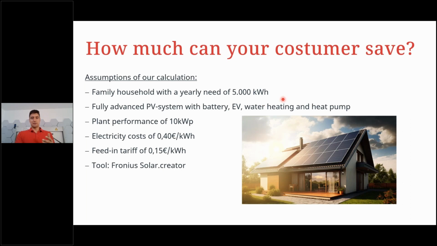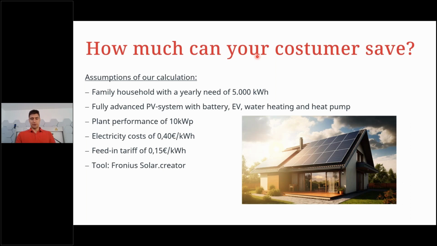It runs water heating with an Ohm Pilot and also a heat pump for heating the house. We calculate with a plant performance of around 10 kilowatt peak and assume electricity costs of 40 cents per kilowatt hour and a feed-in tariff of 15 cents per kilowatt hour. This is more or less the price level at the moment in Austria, so more or less.